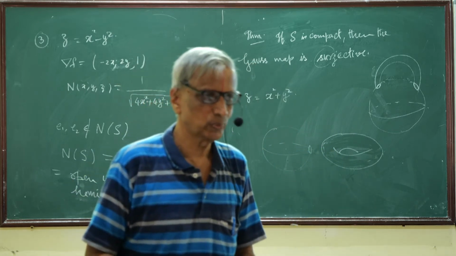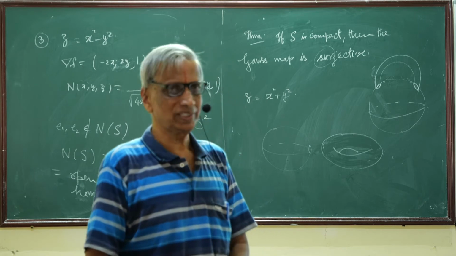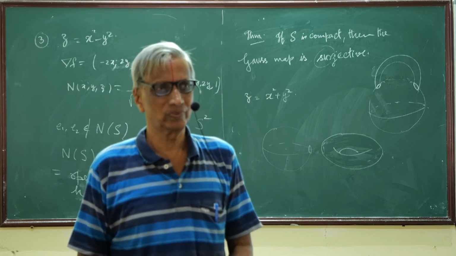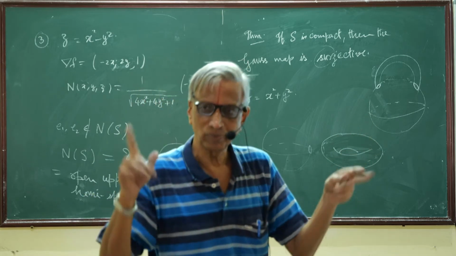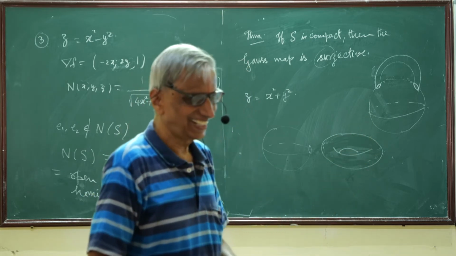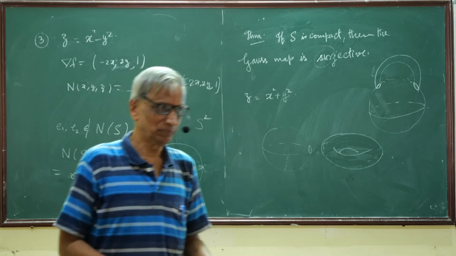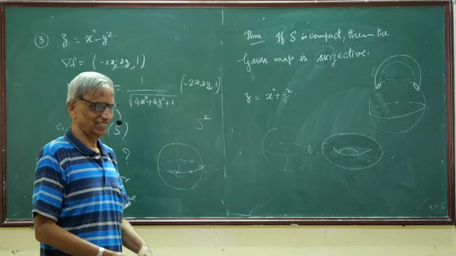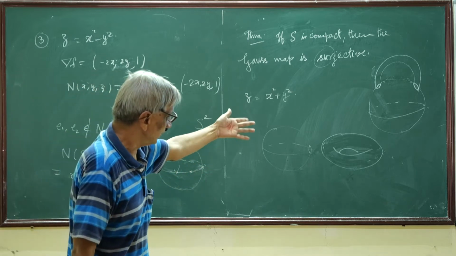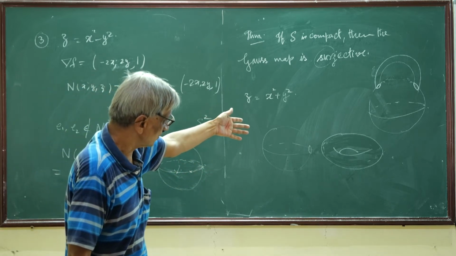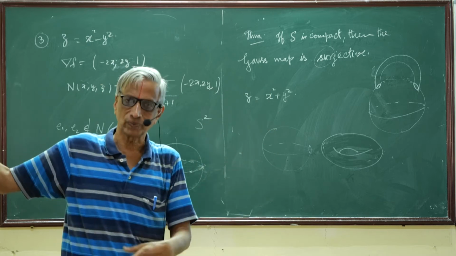As you attach more and more handles to the sphere, you get surfaces which are less and less simply connected, so to say, right? More and more multiply connected. The fundamental group in this case is going to be Z cross Z, so we'll have more copies of Z there.